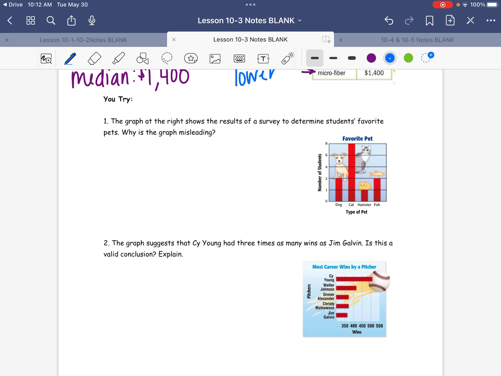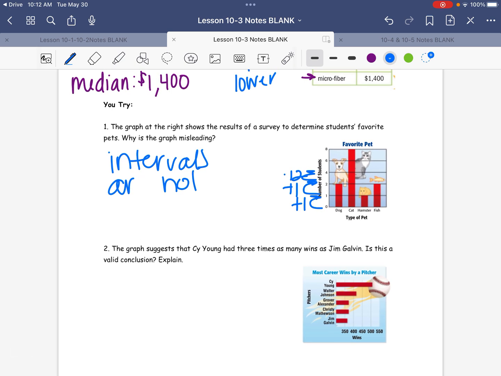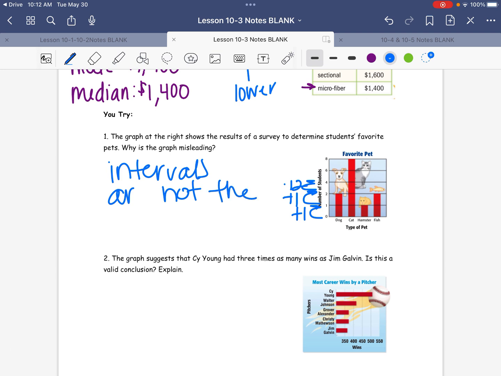If we look, the intervals do not break the scale into equal sections. We have a 1, we go up 1, then we start going up 2. So the intervals are not the same.